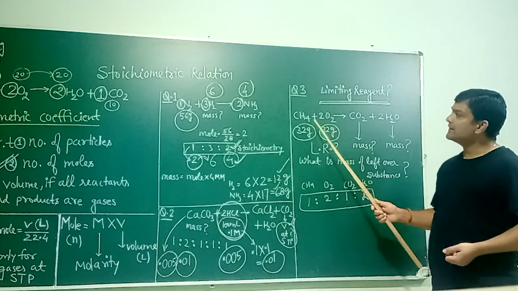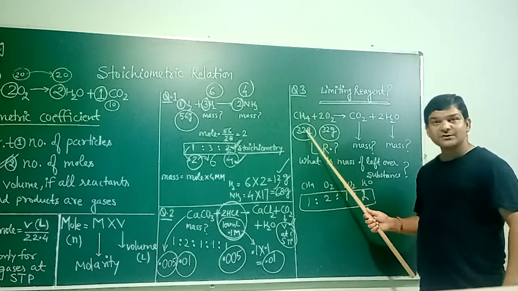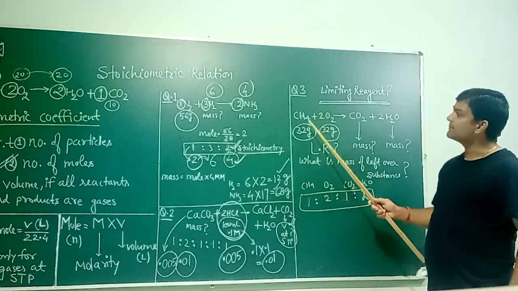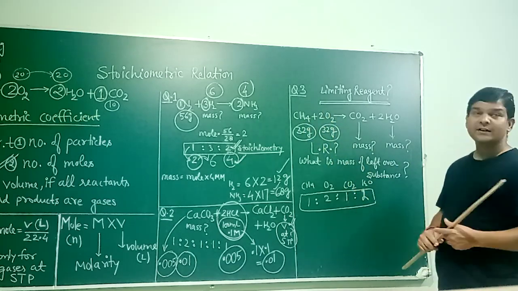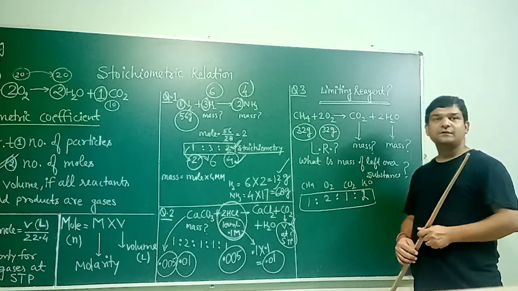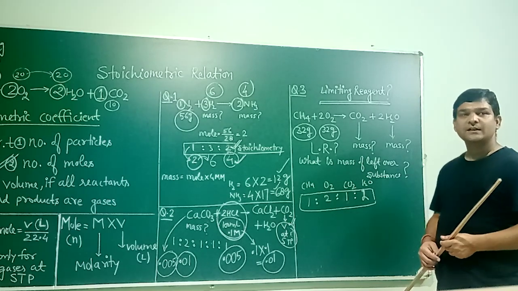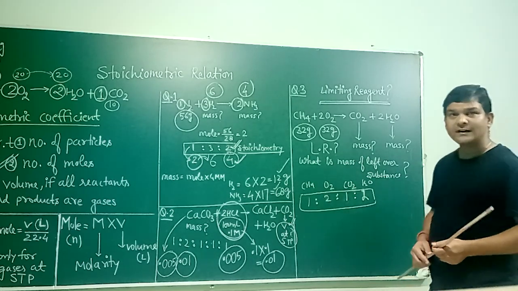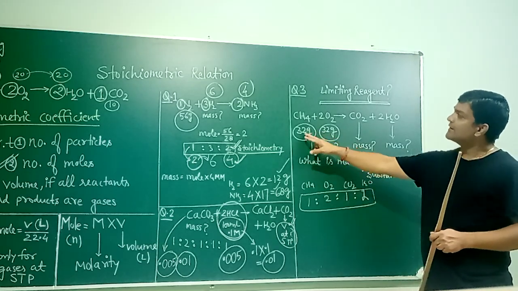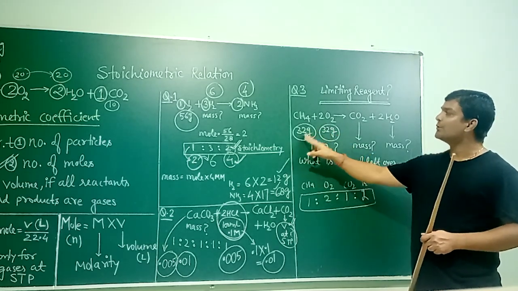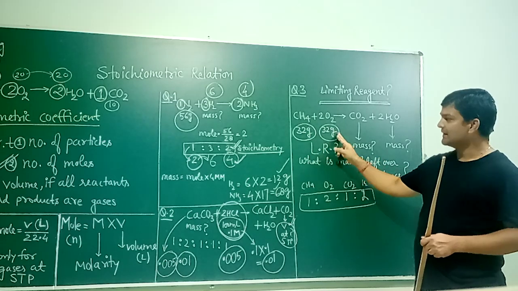Now here you can see the difference in this question as compared to previous two questions. You are given amount of two reactants. Whenever you are given amount of two reactants, in the first step you need to find out the limiting reagent. To calculate limiting reagent, first calculate number of moles of both of these two given substances.